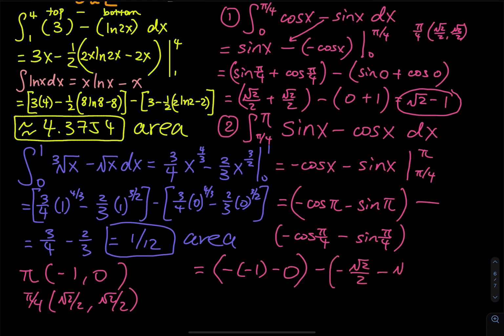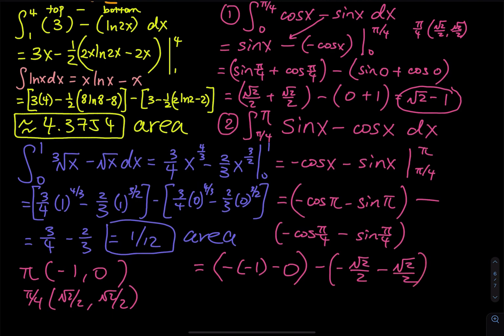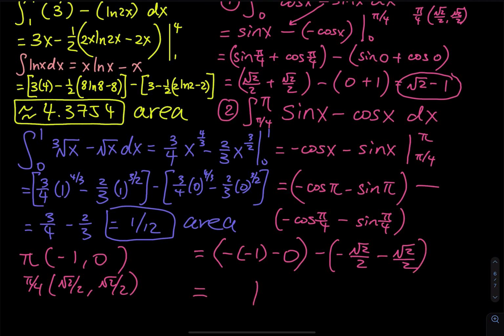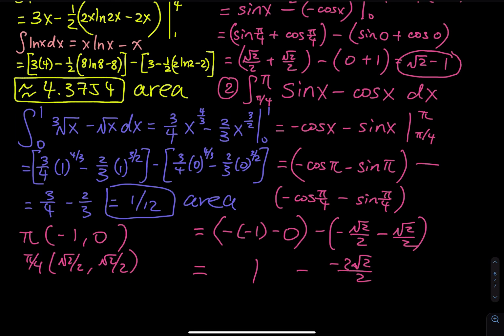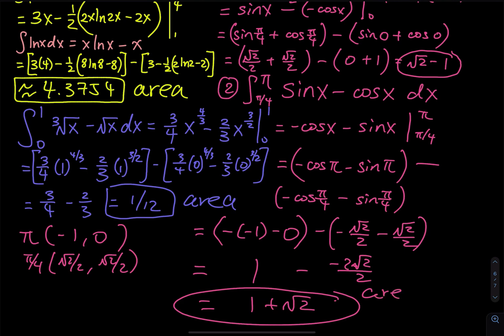And then minus √2/2. All right, so you have a 1 minus, so you have a -2√2/2, so you are having a plus, right? So 1 plus √2. So this is the area number 2.